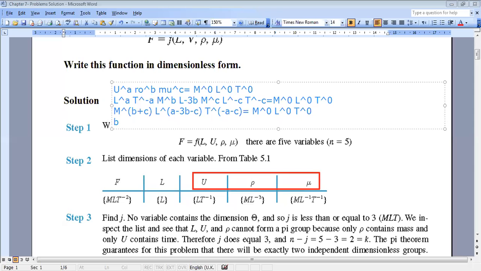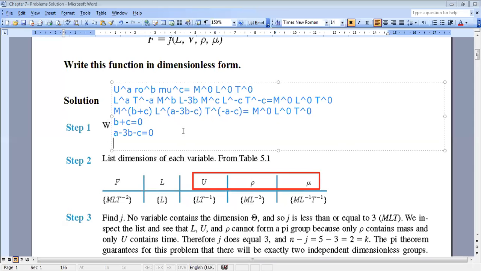The first equation is B plus C, which is the coefficient of M, equal to 0. Second equation, A minus 3B minus C equals 0. And the third relation is that minus A minus C is equal to 0. So this is my system.